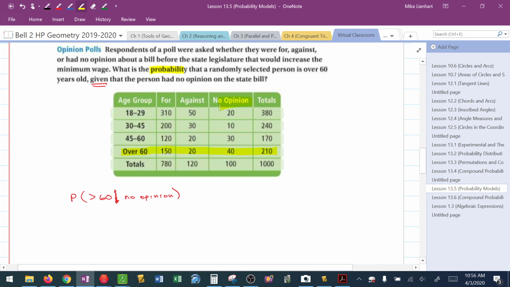We're looking at the no opinion, so it's just like we were doing before, except now when I look at this, I'm going to say, okay, I know that the success is going to be 40, but the given that there's no opinion is actually telling me what my denominator will be. What is that total? So this 100 becomes the denominator, and that 100 was right there again. And then I can reduce this to 0.4 or 40%.